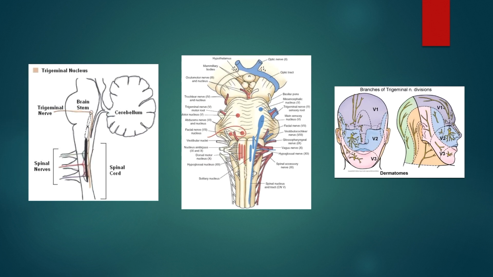Now this shows you a little bit about why these referral patterns can happen. If we look here, the trigeminal nerve comes into the brainstem, but then it comes down into the spinal cord to the spinal nucleus of 5. That's where it meets the second order neuron.